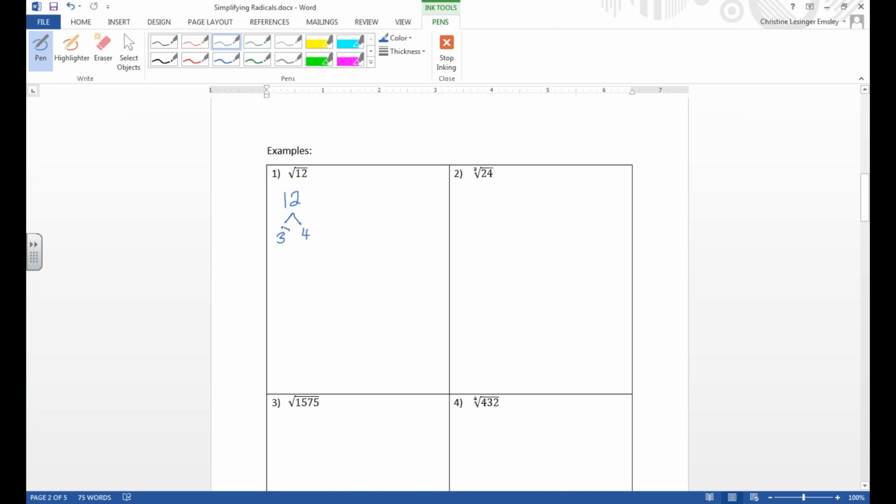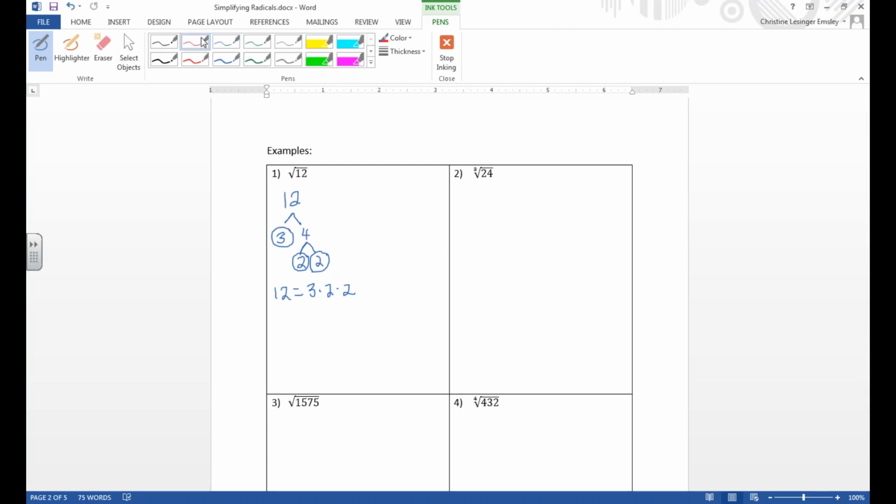Okay. 3 is a prime number, so it's done. We don't do anything else with that branch, but 4 is not prime. 4 can be split again into 2 times 2. 2 and 2 are both prime, so those branches are done. So what we've found out here is that 12 is the same as 3 times 2 times 2. Okay, that's one piece of our puzzle.